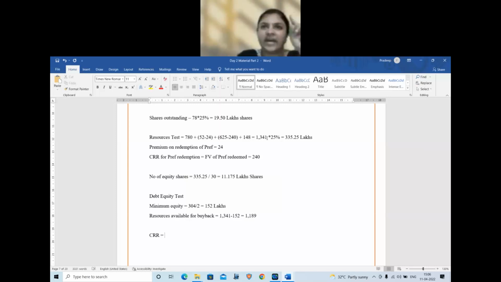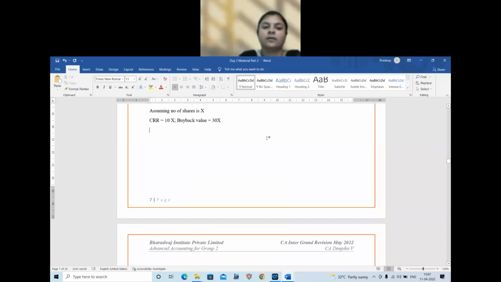Assuming the number of shares is X, CRR is 10x, face value of equity into number of shares. And what is the buyback value? Buyback value is 30x. So therefore, solve the equation.